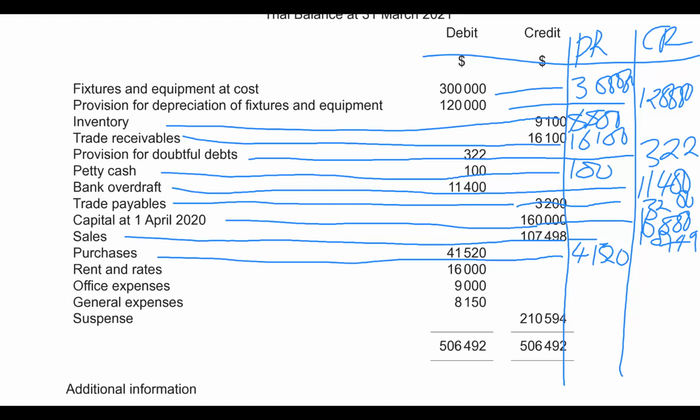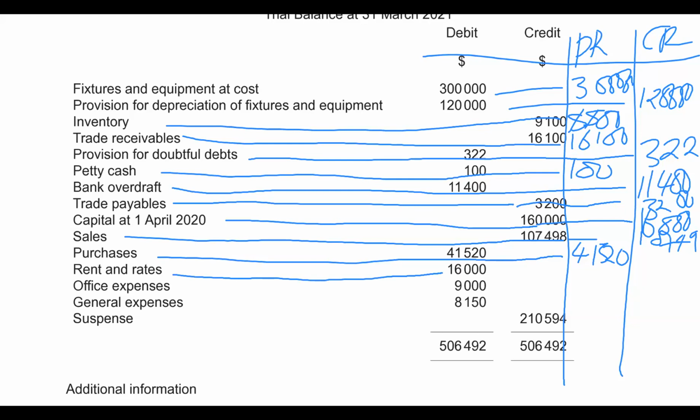Then we come to the rent and rates, 16,000. Is it an expense? It's an expense. Where do we record expenses in the trial balance, debit or credit?